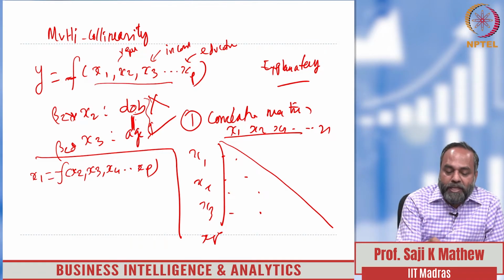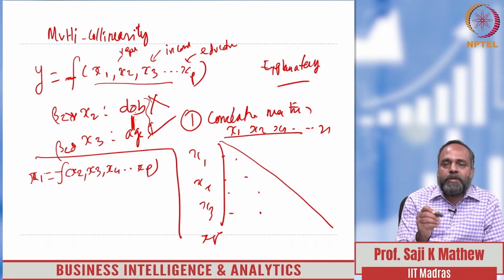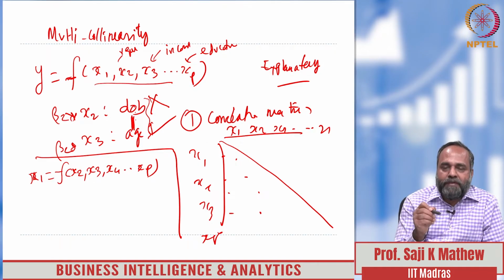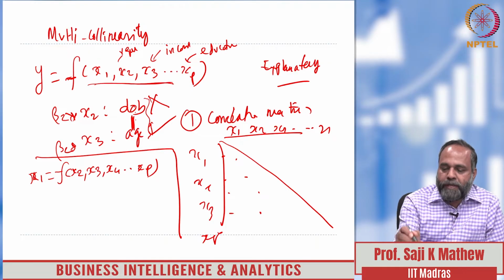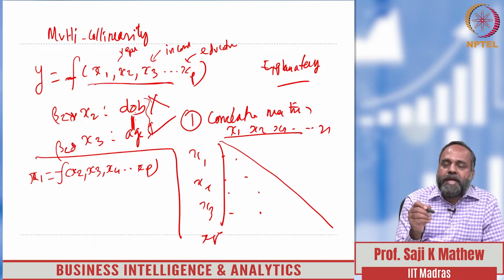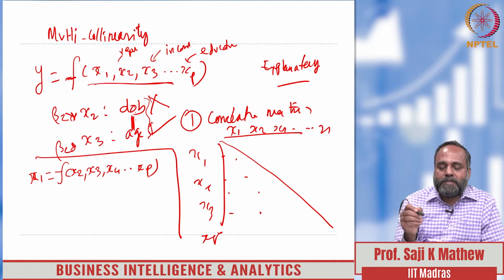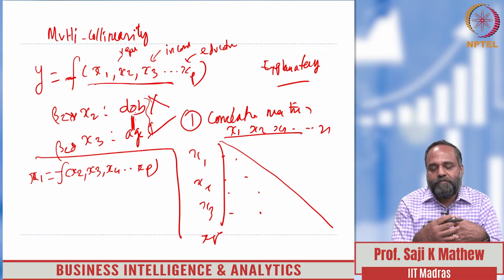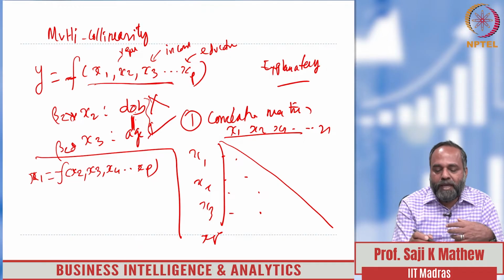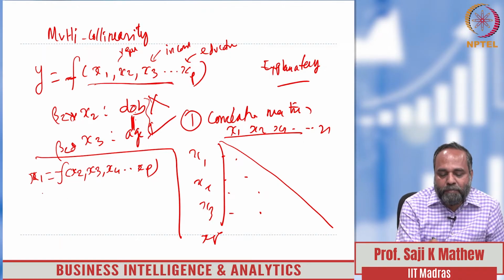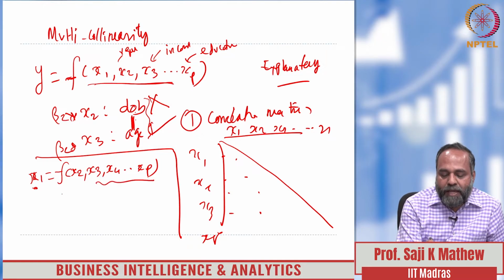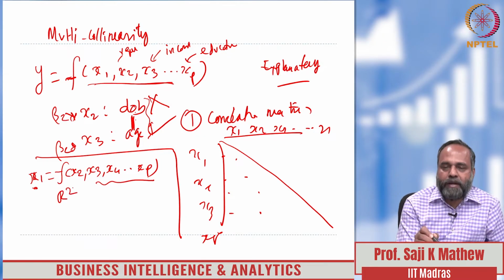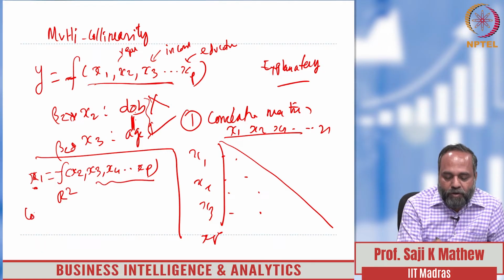So then you need to model each independent variable, x1 to xp, in terms of the rest of the independent variables, and have some measure of how well the rest explain that variable. That explanatory power of one variable through other variables is available in a measure called R square, the coefficient of determination.